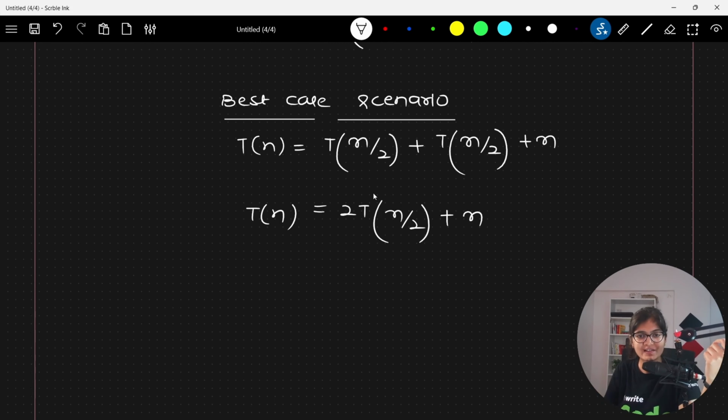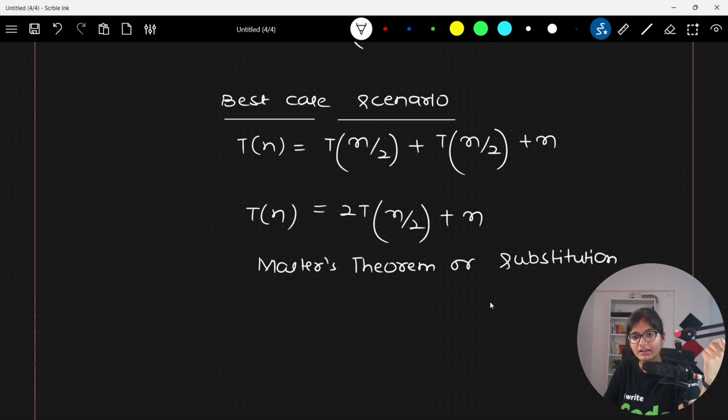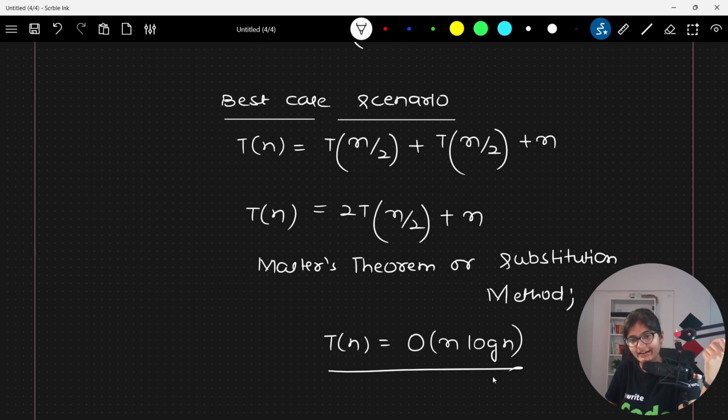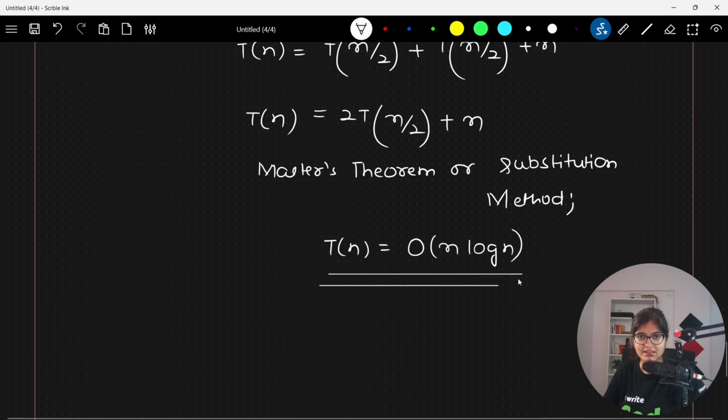And if you try to solve this recurrence relation using either the Master's theorem or by applying the substitution method, I'm not solving it, I think I have already solved the same thing a lot of times. You will be able to get the value of T of n as big O of n log n. Right? You will be able to get this time complexity. This is the best case scenario.